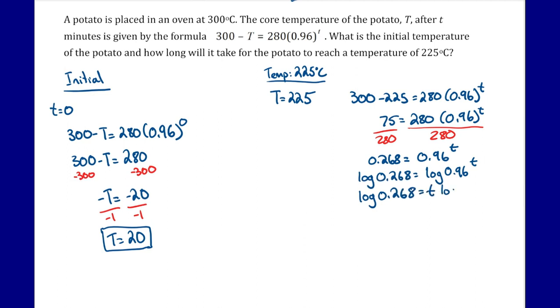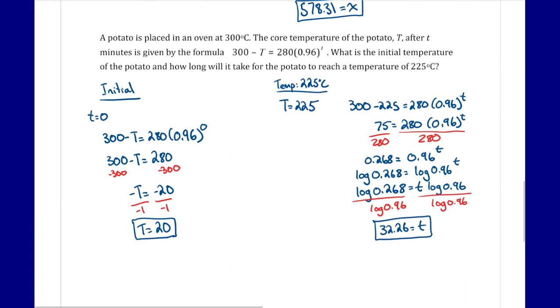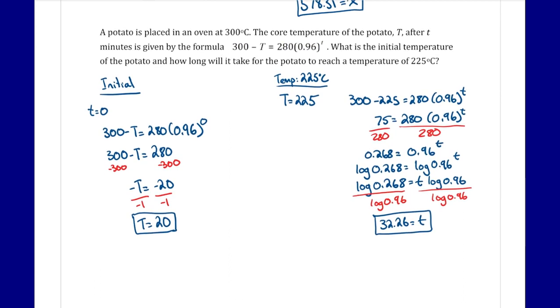So t log 0.96. Now I can isolate for t by dividing by log 0.96 on both sides, and we end up with 32.26 equals t. So that means if I put the potato in for 32.26 minutes, it would have a temperature of 225 degrees Celsius.